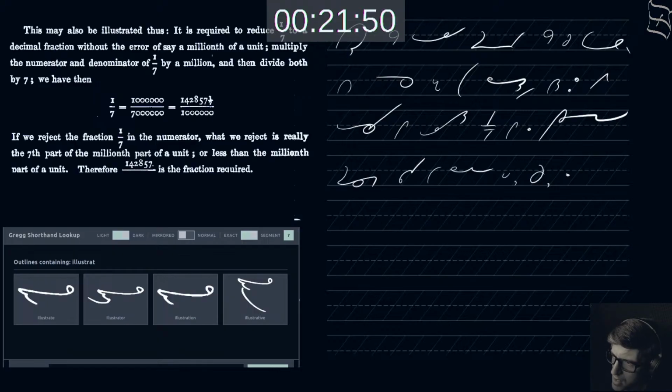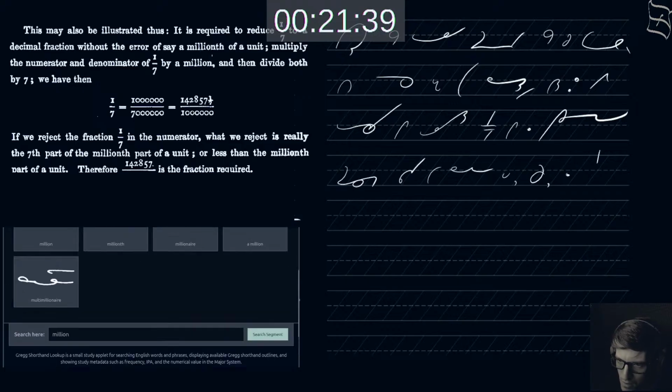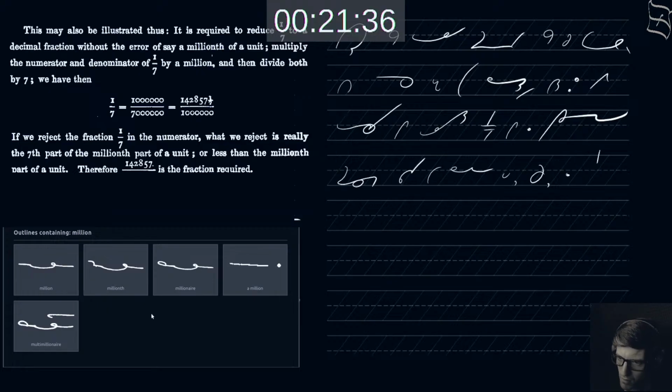And millionth would be, I don't know if Gregg contains millionth. Let me check. I know million's in there. There's millionth. Nice. So we have millionth here, which means we would do 1, say a millionth of a unit, okay? So say a millionth. Might need the full line for that. Mil, and then in, th.